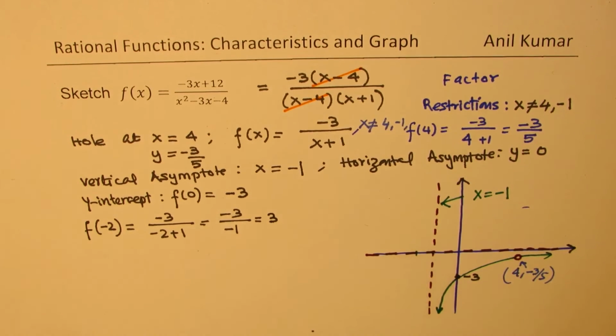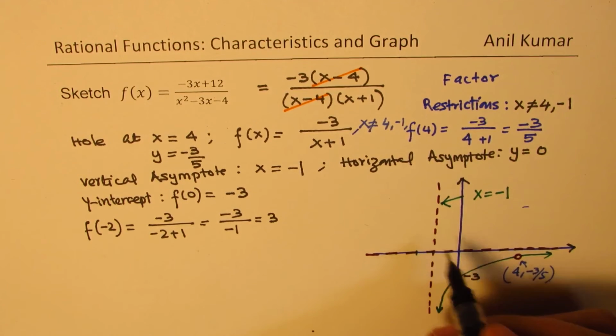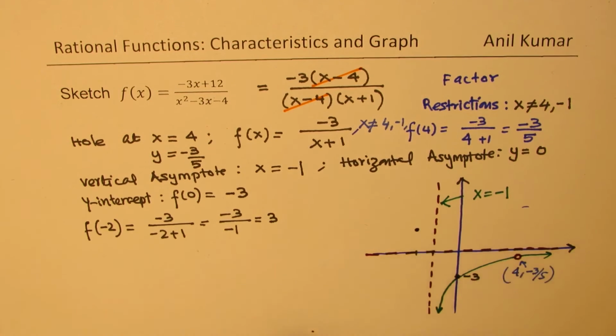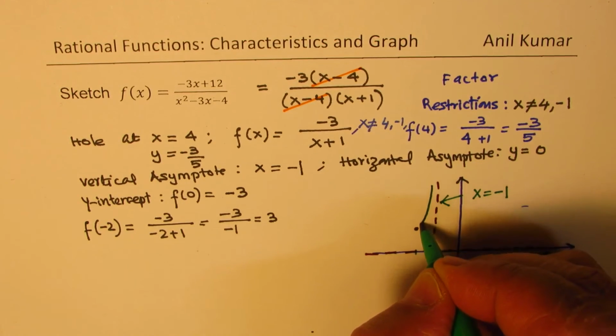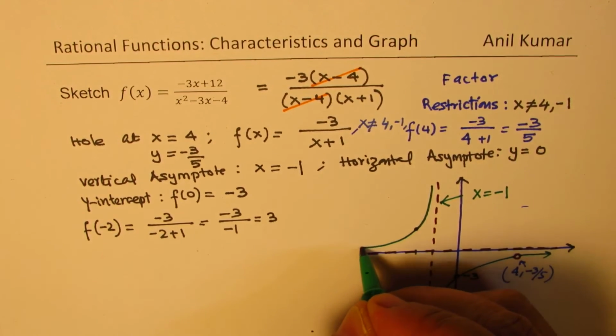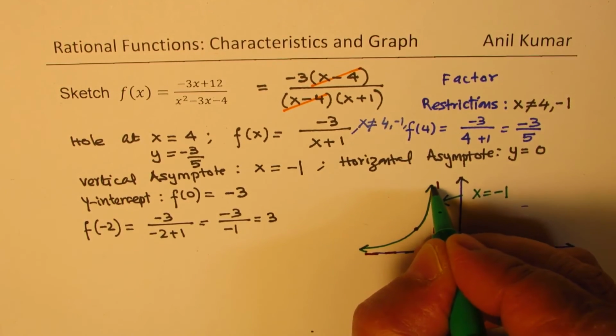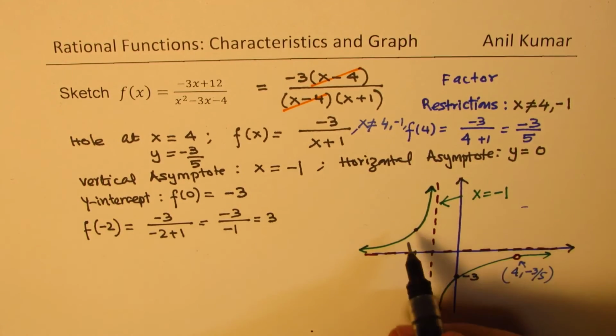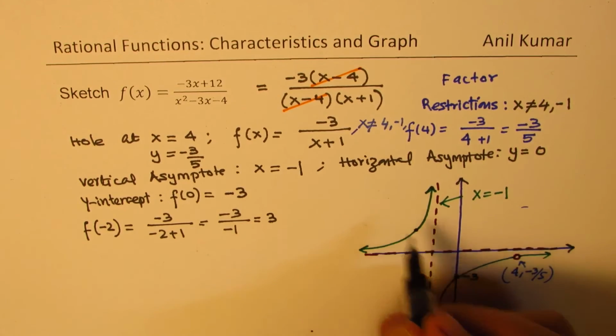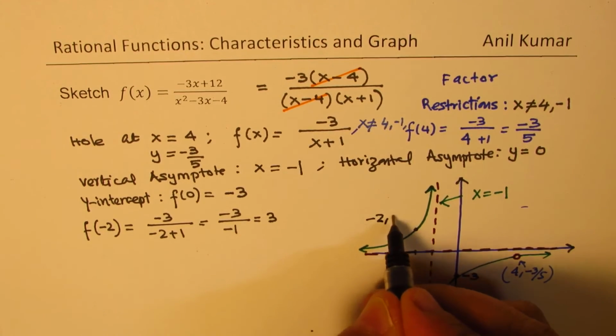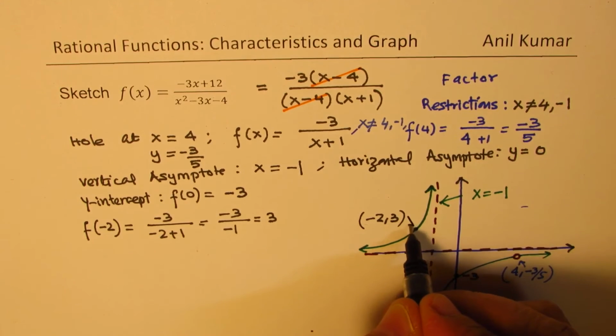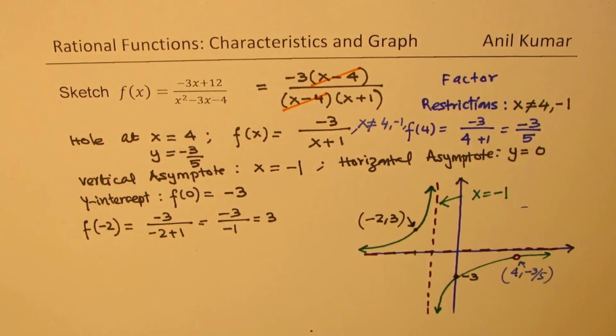So at x equals minus 2, we get a positive value, plus 3. Okay. So that means that clearly this part of the graph should be like this. Well, this point here is minus 2, 3. Is that clear? Right? So that is how we actually get the sketch of our function.